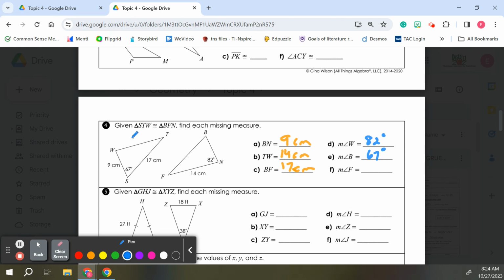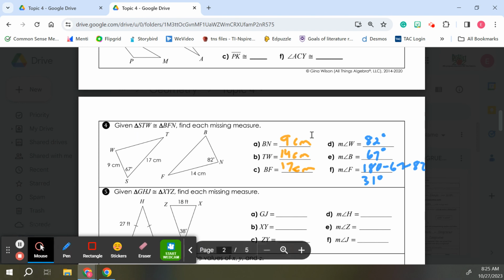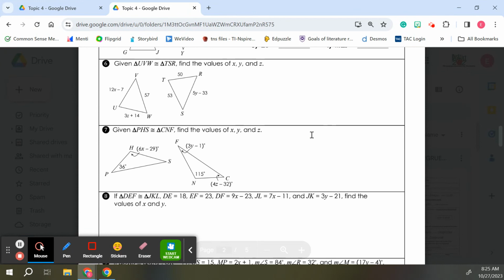Good. Very good. So this is 180 minus 67 minus 82, which should give you 31 degrees. Questions on that? We're going to skip 5. We're going to move on to 6, though.